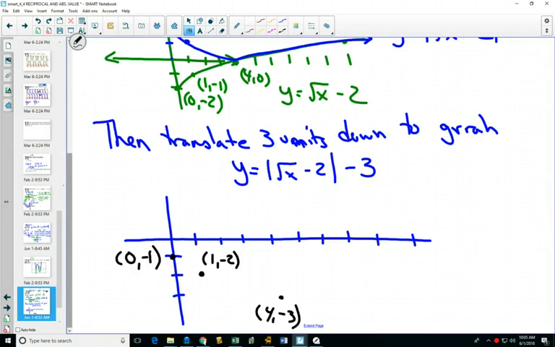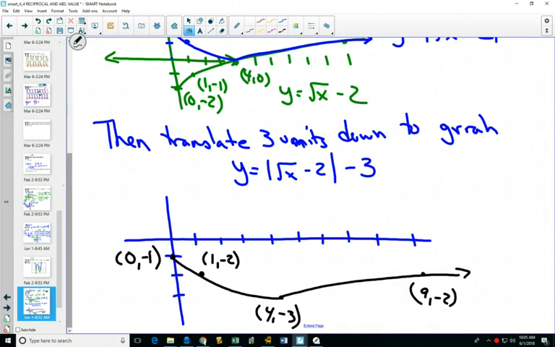And 9, 1 will now be 9, negative 2. The shape, though, will stay the same as we have above. And we've now graphed our final function.